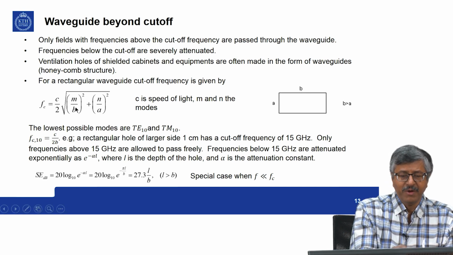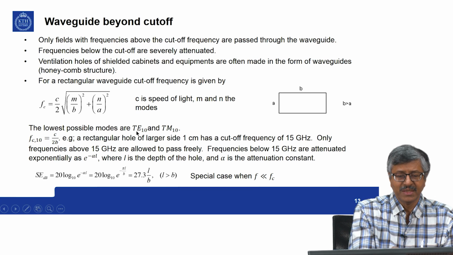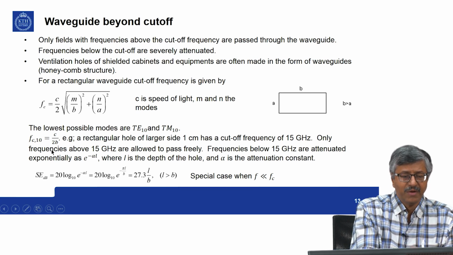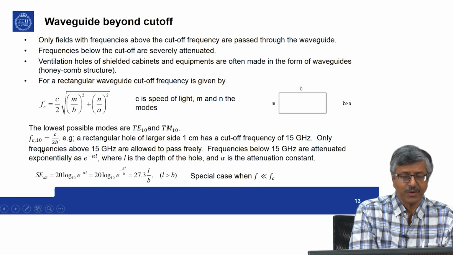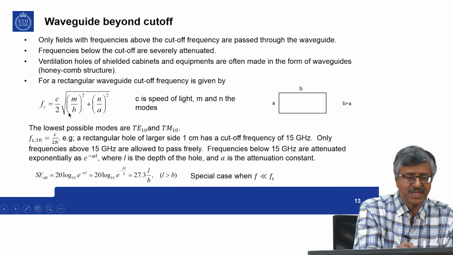So, m will be 1 in TE and n will be 0. For example, if you take the 10 mode, fc10, whether it is electric or magnetic, then you get this expression as c by 2b. This part is 0 and this is 1.